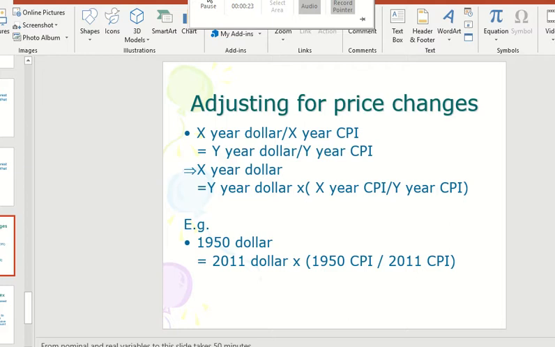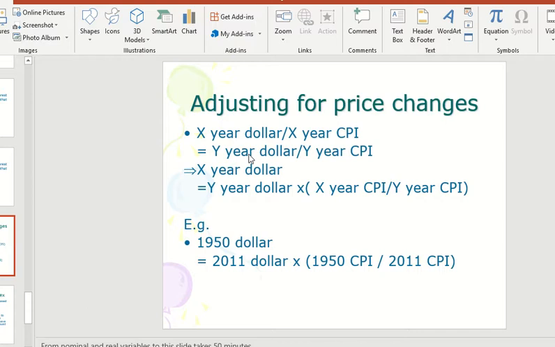Another way is to force the equivalence between two amounts of money. So if you have reason to believe that two amounts of money in different periods of time cannot have the same purchasing power because of inflation, then what you can do is to use the following formula.